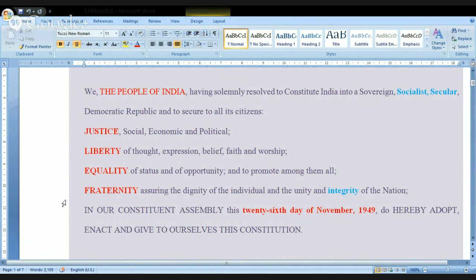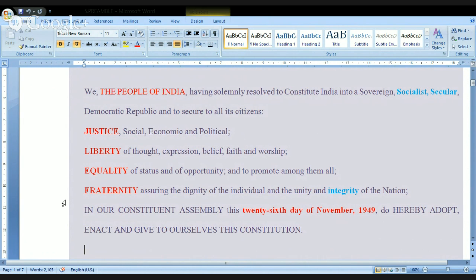And if you go to the third line from the bottom, we have the word integrity. I have given different colors for these words because these three words were not mentioned in the original preamble.